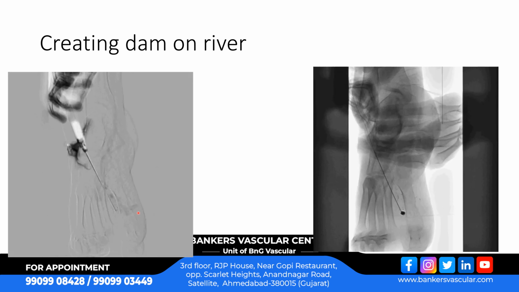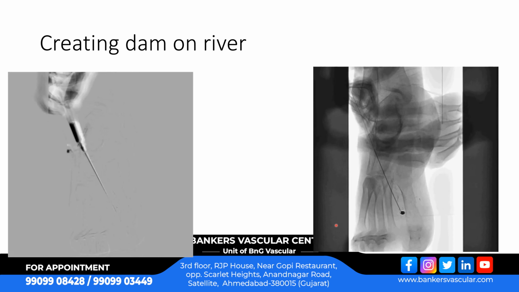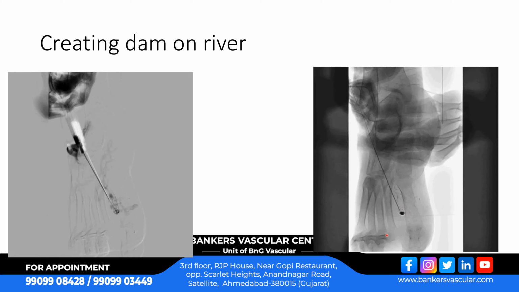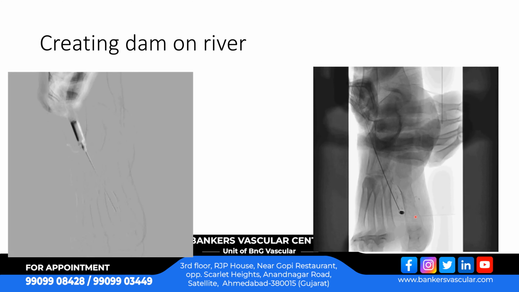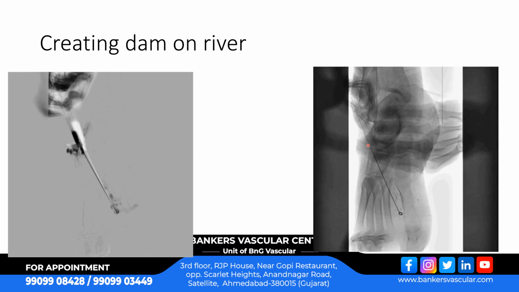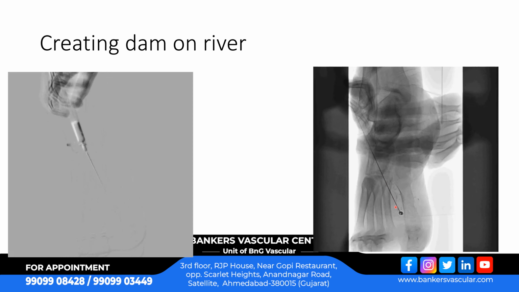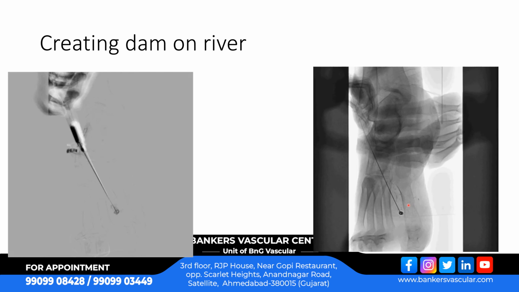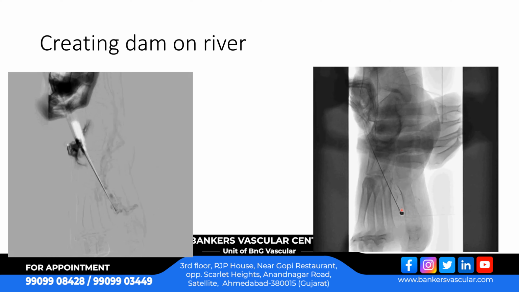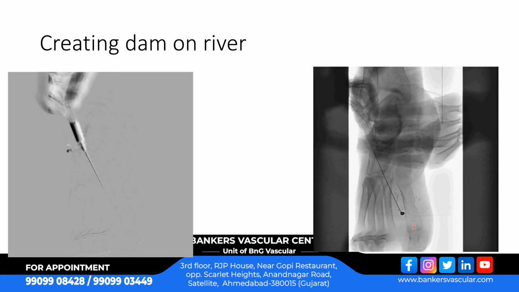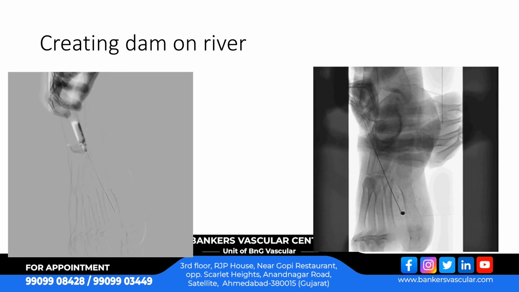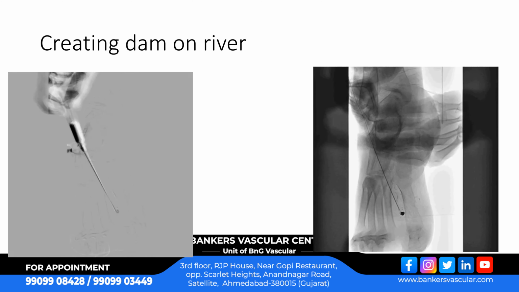Once I confirm that my needle is within the nidus, I start deploying the coil. You can see this is a needle and this small attachment from the needle is a metallic coil. This is what I'm injecting within the nidus, and proper insertion of the coil is very important.